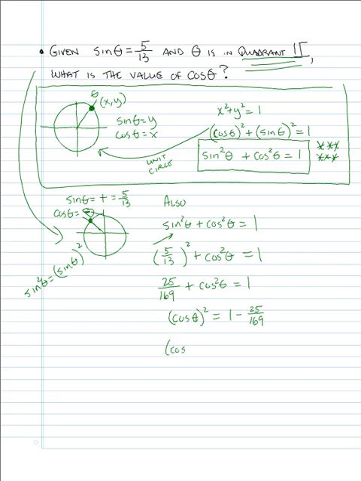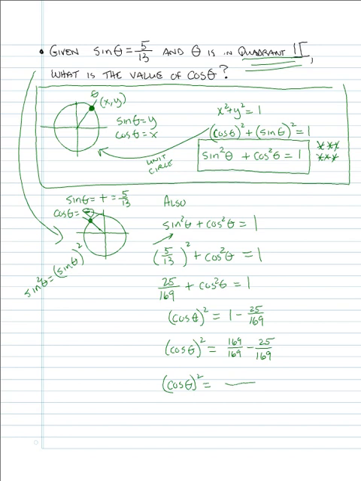So on the left side, we have the cosine of theta being squared, and on the right side, we need a common denominator of 169, so we'll write 1 as 169 over 169, and we're subtracting 25 over 169. So that leaves us with the cosine of theta all being squared.